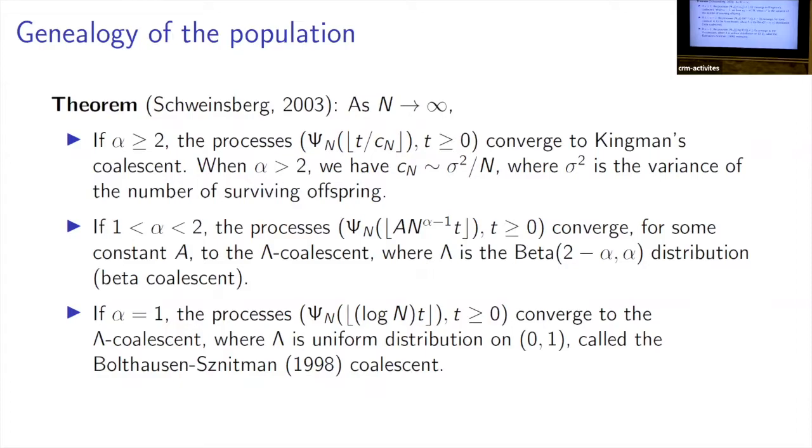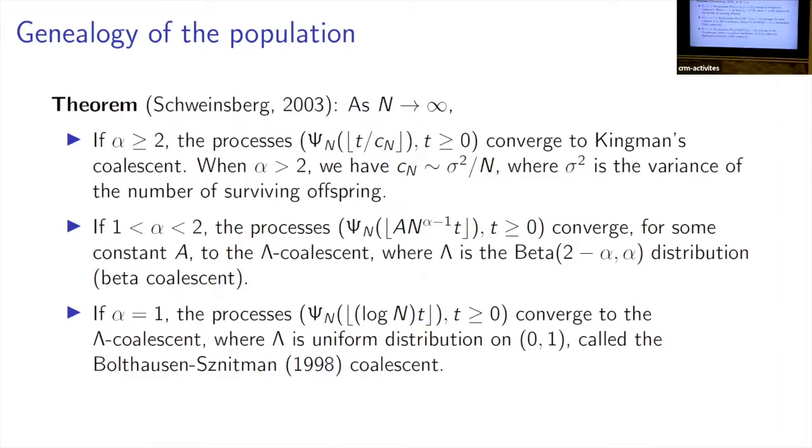If alpha is equal to 1, well, the beta 1,1 distribution is uniform on 0, 1, and the lambda coalescent, where lambda is the uniform distribution on 0, 1, is called the Bolthausen-Sznitman coalescent, and it's the Bolthausen-Sznitman coalescent that describes the genealogy when alpha is equal to 1.